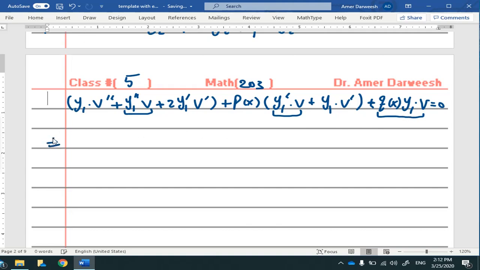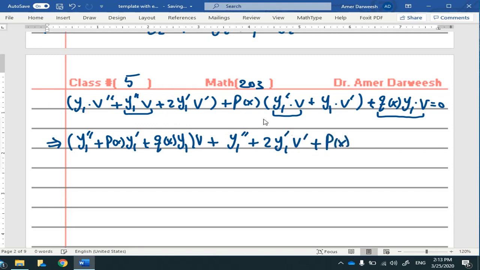We have v factored out, times y1 double prime plus p(x) y1 prime plus q(x) y1, plus the rest: y1 times v double prime plus 2 y1 prime v prime plus p(x) y1 v prime equals 0. But the term multiplying v is now 0 because y1 is a solution.